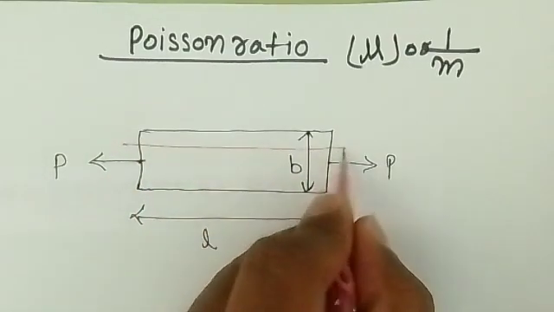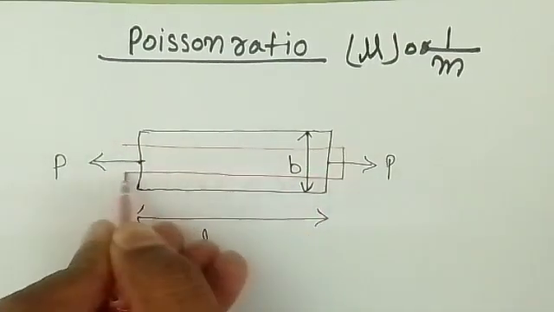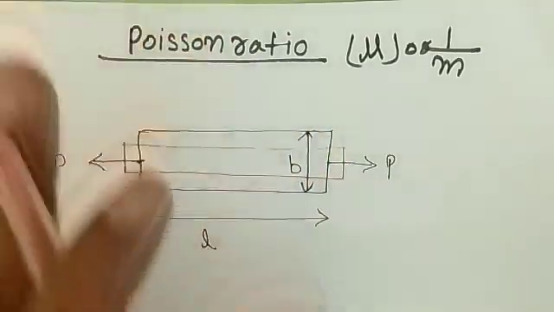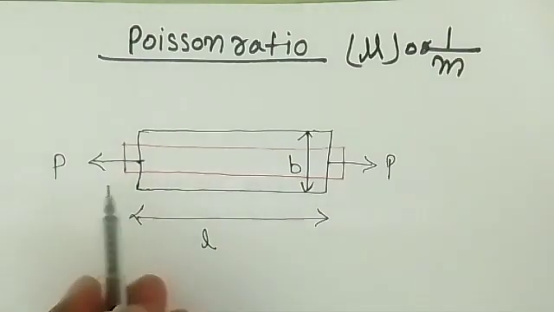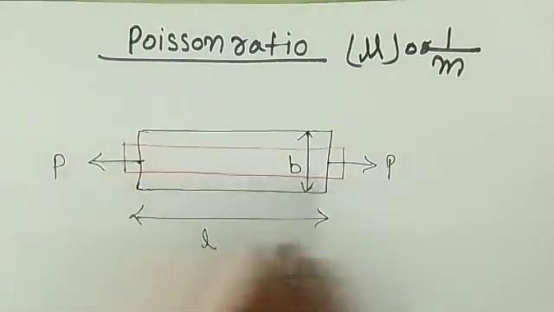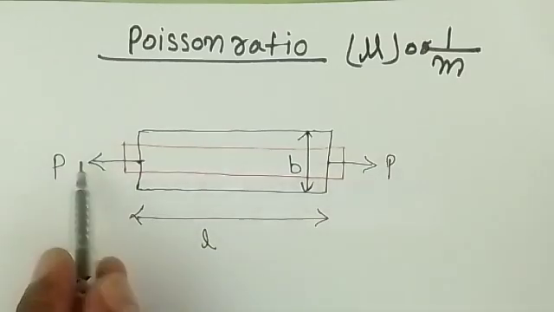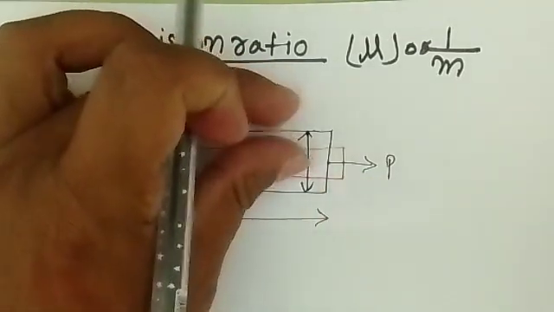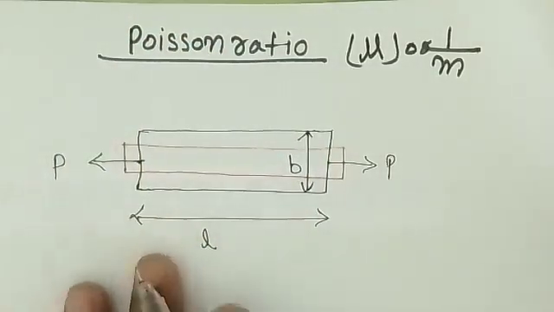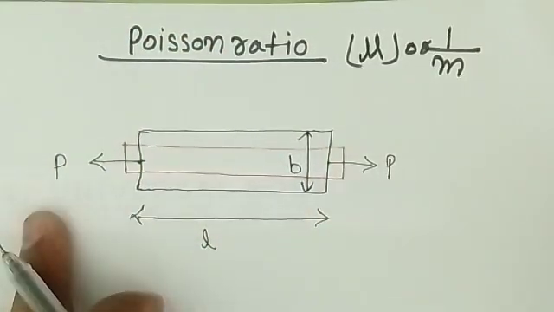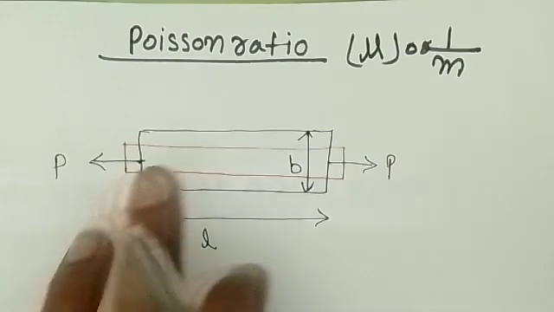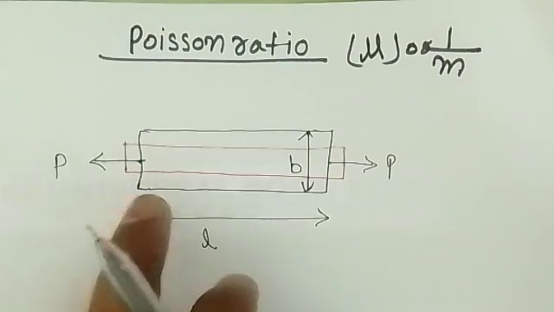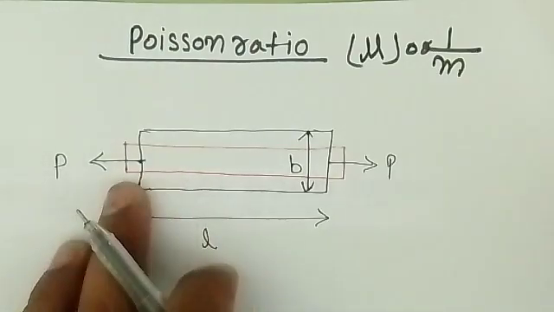It means that at a time two strains act, one along the longitudinal axis and one along the lateral axis. As you apply the load along the length, the longitudinal dimension increases, but at the same time the lateral dimension decreases. So the longitudinal and lateral strains are opposite to each other.